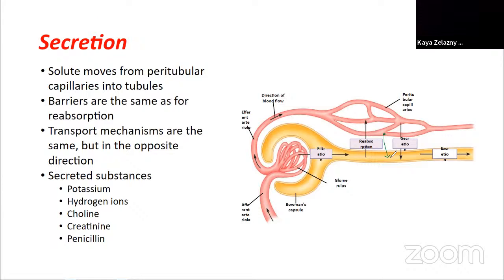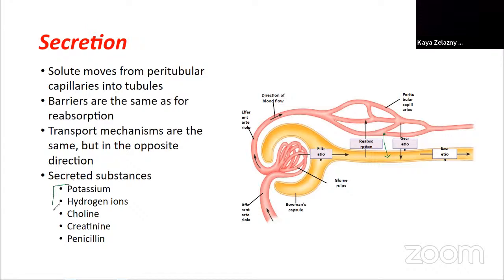The mechanisms we use for secretion are going to be the same, right? The mechanisms we use for transport throughout the body are kind of the same. We always have some carriers, potentially some pumps, various types of membrane proteins. The substances we're going to be secreting are mainly some ions, right?